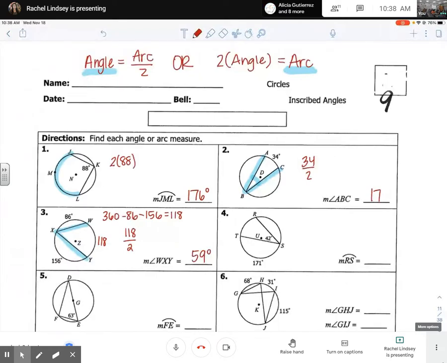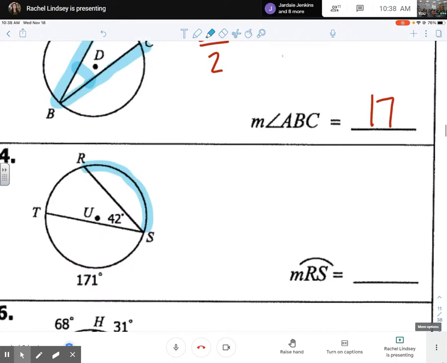Okay. Now I want you to find arc RS. In order to do that, I need to know that little piece of this arc. So I want to find this arc. I'm going to do 2 times 42, which gives me that arc. So 2 times 42 is 84.